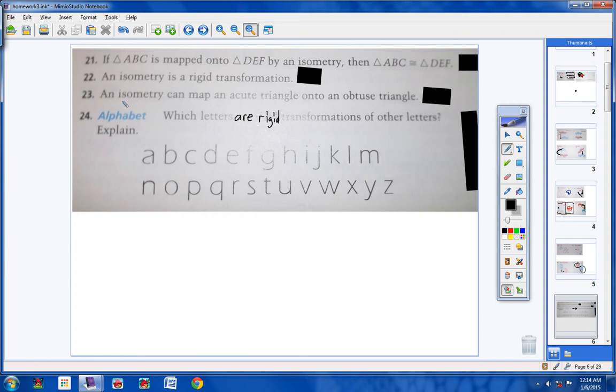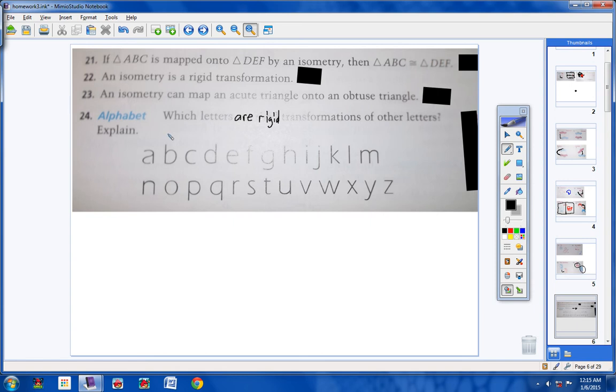True or false for numbers 21 through 23. If ABC is mapped onto DEF by an isometry, then the two triangles are congruent. Now, mapped on just simply means that you've taken the triangle and you've shifted it. You've either rotated it, or you've reflected it, or you've translated it.